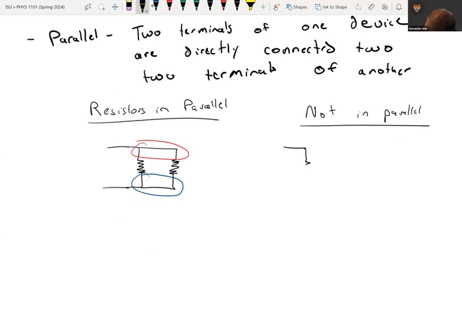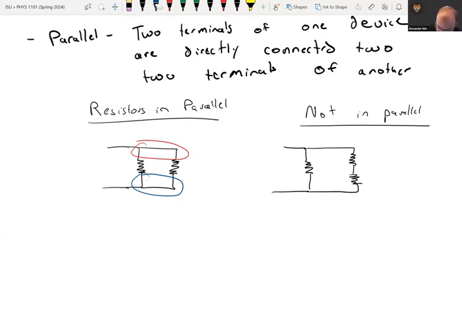What you would have is something that starts off looking similar, but then on the right branch, instead you would have two. Now the problem is that even though this one has a similar arrangement, none of these resistors are in parallel, because the top and bottom of this one is not connected to the top and bottom of another one.